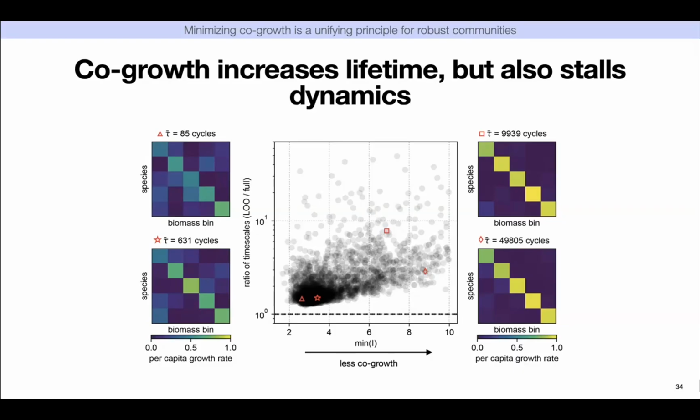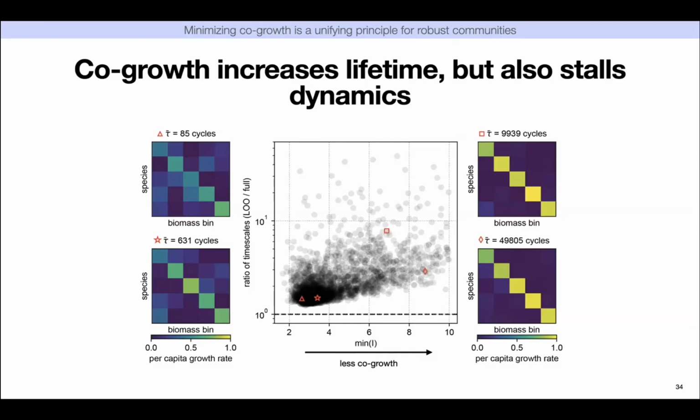In minimizing co-growth, you effectively create a reliance on a series of species that are achieving a sequence of events. And if you begin to then remove one of those species, you can cause stalling because the other species will have to make up for whatever task that species was doing.